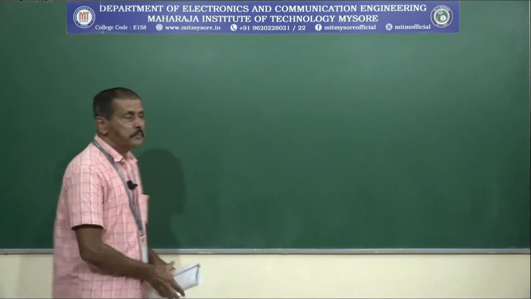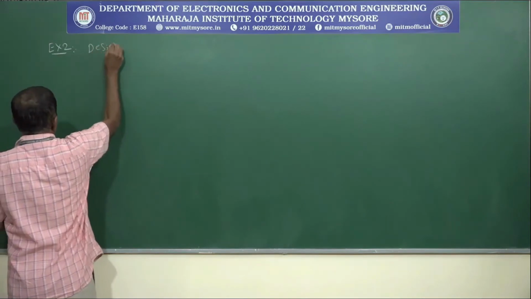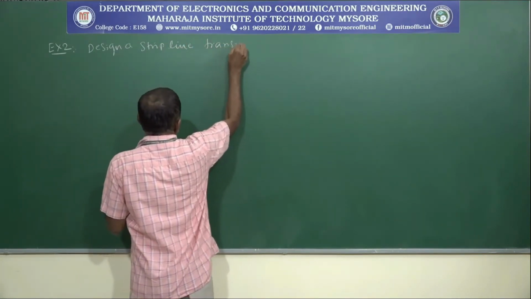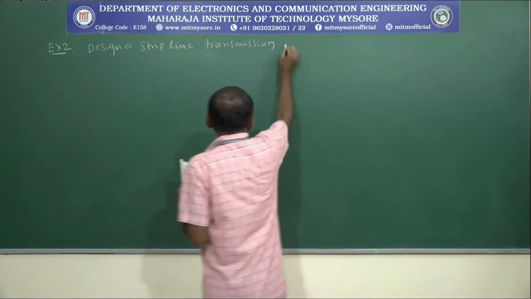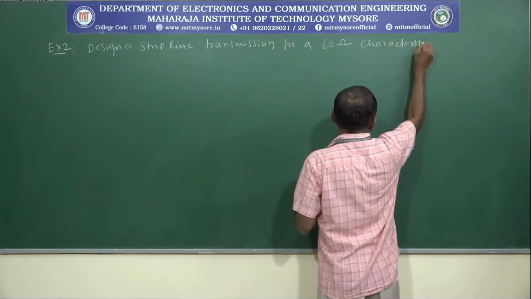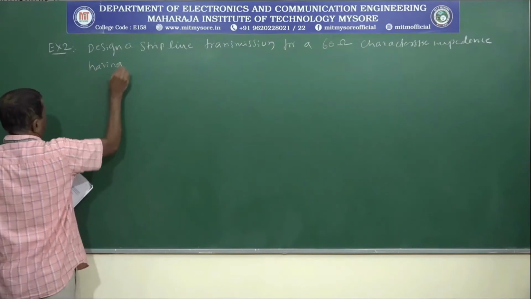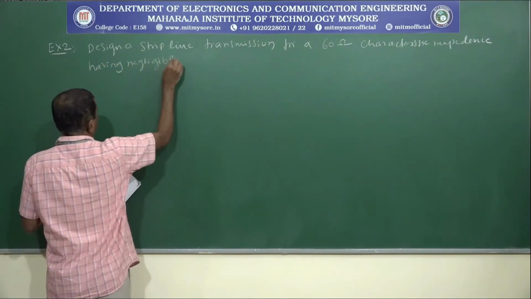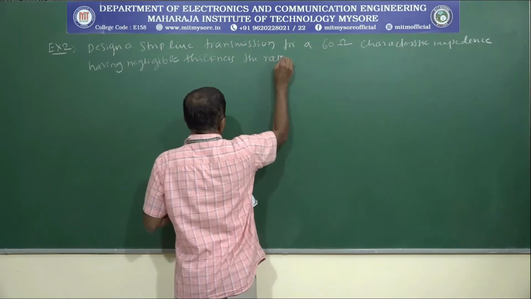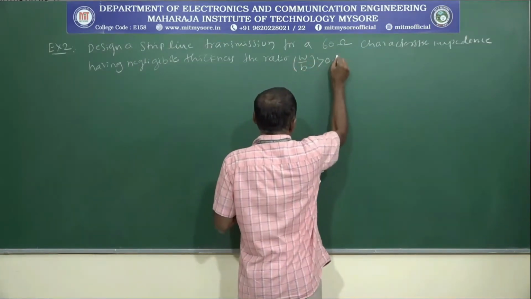Let us take one more problem. Design a strip line transmission line for a 60 ohm characteristic impedance, having negligible thickness and the ratio W by B greater than 0.5.